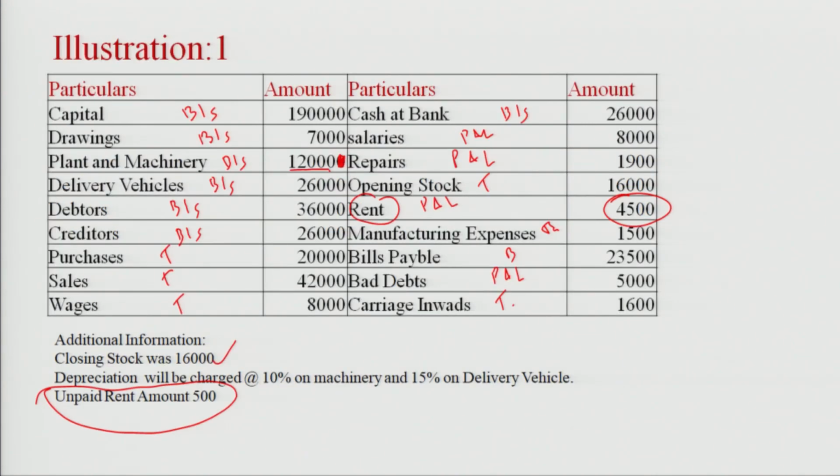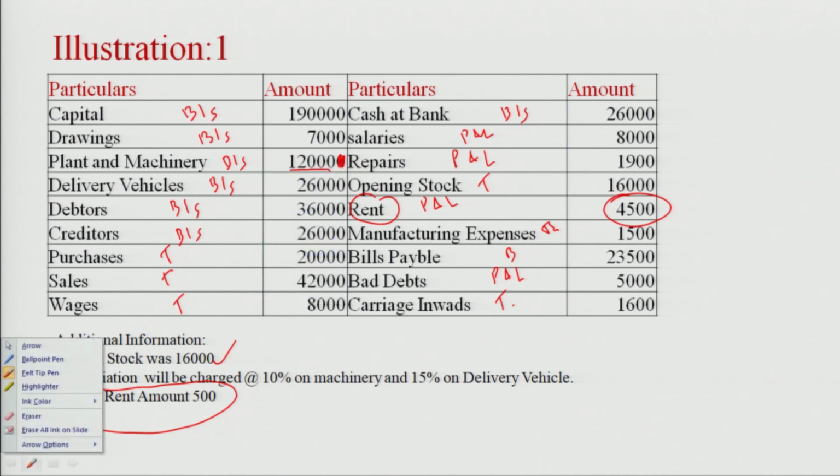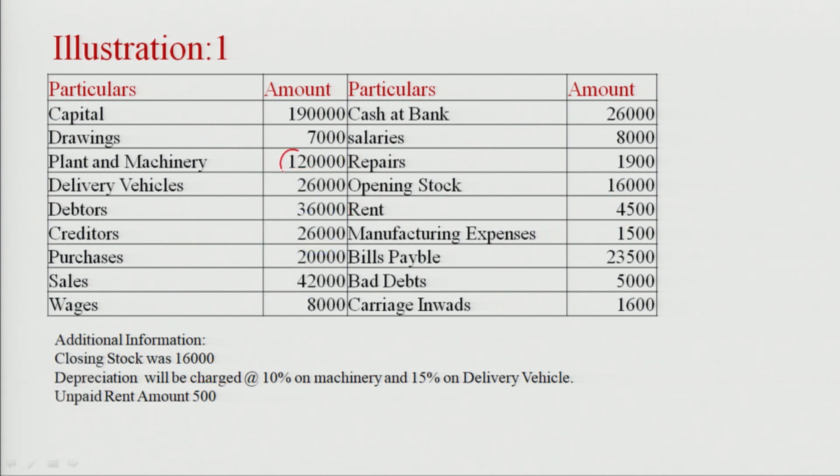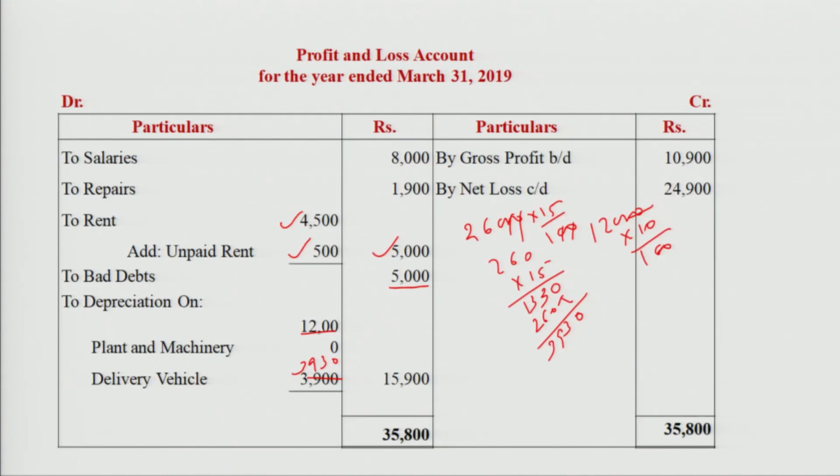The machine cost is here, okay, the machine cost is 2,20,000. So, the cost of the machine and 10% is 12,000. So, 12,000 actually, the 0 must be here. So, 12,000 plus 3930 is 15,930.